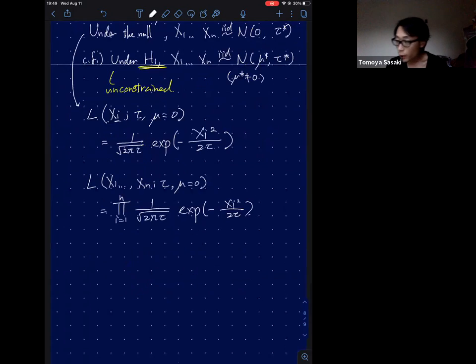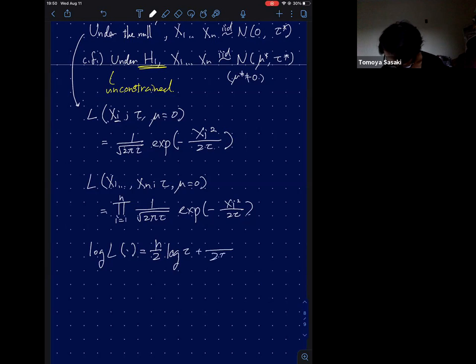So we can take the log likelihood of this and take the first order condition as we usually do. We are a little bit running out of time, so I'm going a little bit quick here. I have a cheat note, so I'm just following the cheat note. And it says, no, it should be minus, of course. And you take the first derivative, the first order condition with respect to tau, sorry, not t.